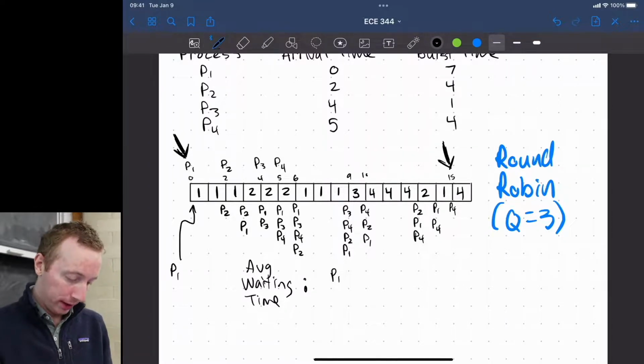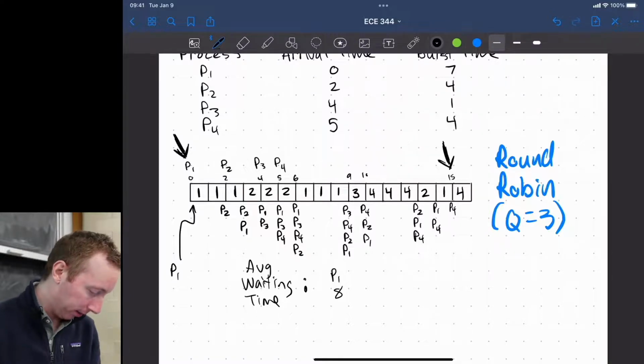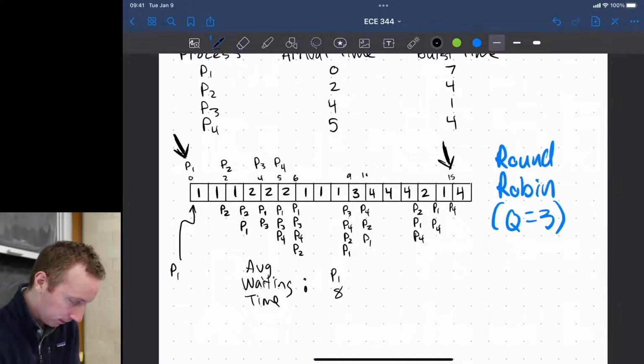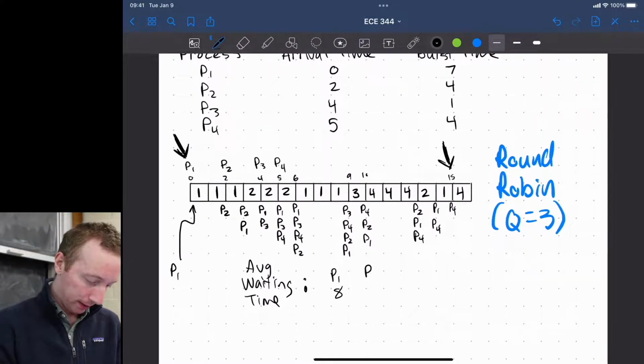So P1 waited around for 15 minus 7, so 8 time units, right? Yeah, so P1 waited around for 8 time units.